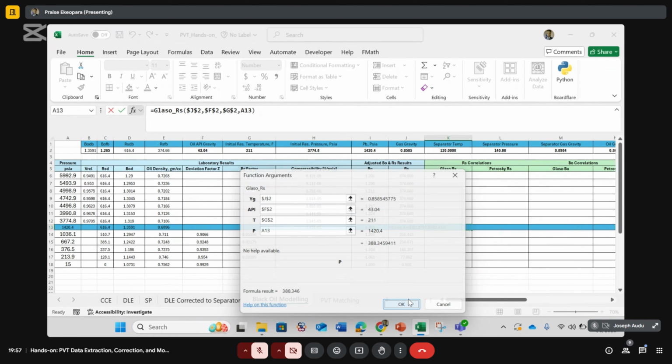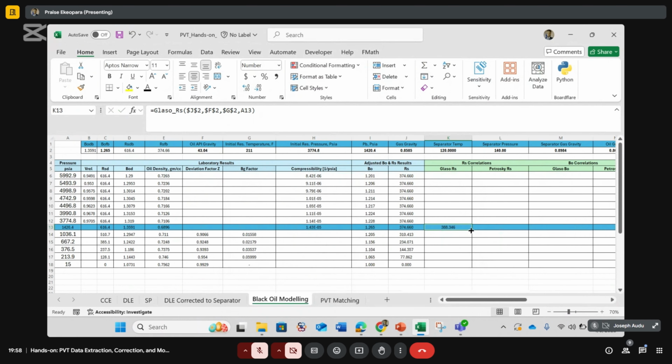Good. Yeah, so I have it. That pressure there is actually the individual pressure and not the reservoir pressure. So this requires you to pay attention, else you may run into complications.